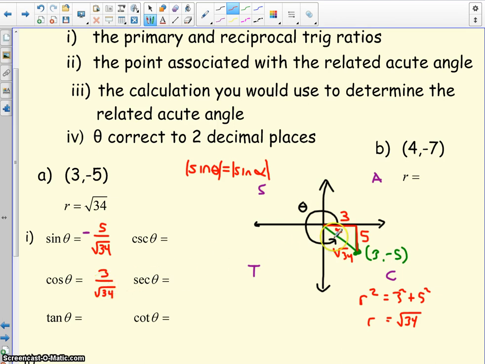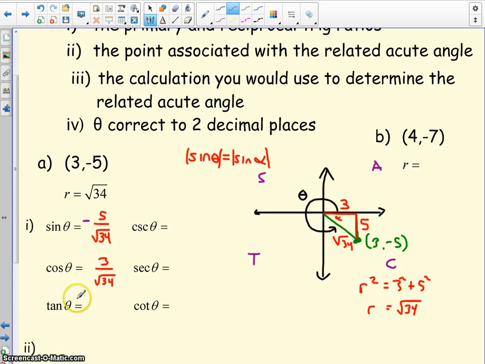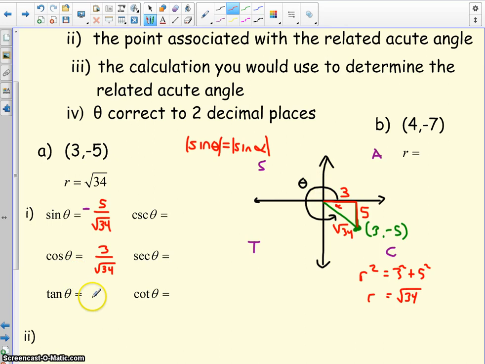Let's check to see if it's positive or negative. In quadrant 4, cosine is positive, so my ratio will stay positive. And last but not least, let's look at tan theta. For tan theta, we're going to have opposite over adjacent, so 5 over 3. Is the ratio going to be positive or negative? Well, in quadrant 4, cosine's positive, which means tan is negative.